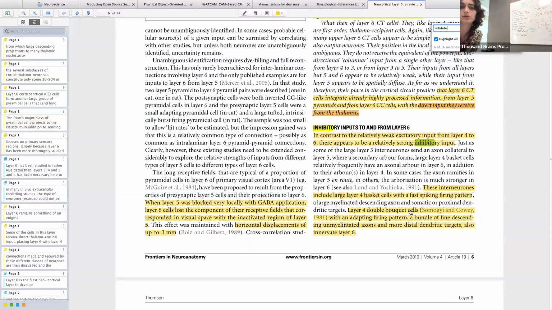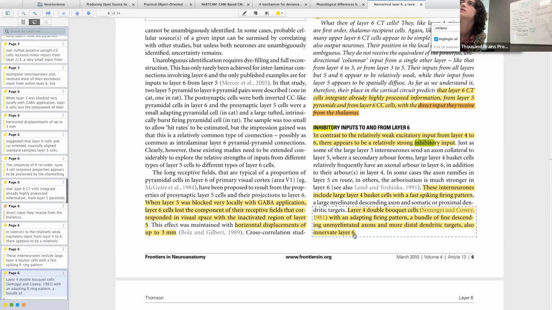Layer 4 double bouquet cells with an adapting firing pattern, a bundle of fine descending unmyelinated axons, and more distal dendritic targets also innervate layer 6. Let's read that again. That's really good. Is that a sentence? It seems a bit odd, like there should be a comma somewhere.